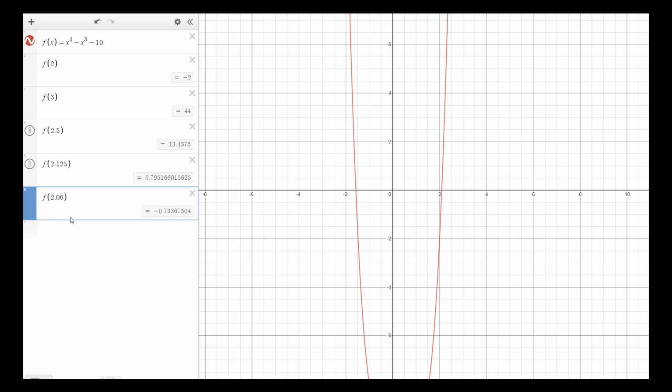So about halfway between those would be 2.09. And I can see that that takes on a negative value that's even closer to 0 than 2.06 was. So now I know that I'm between 2.09 and 2.12.